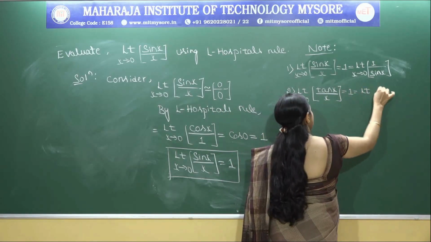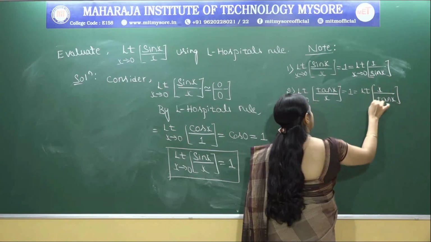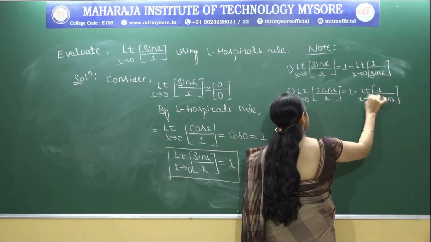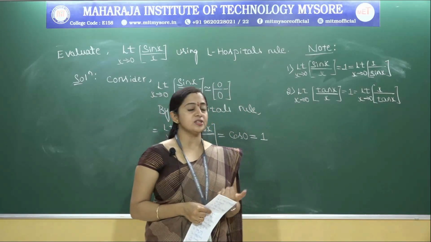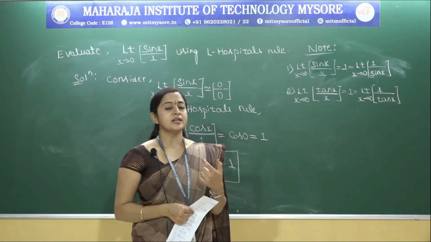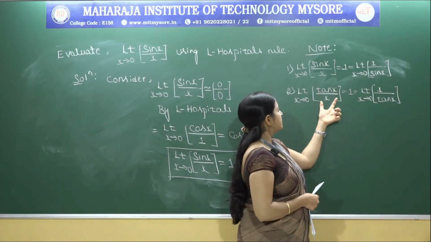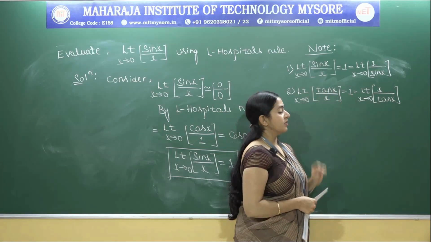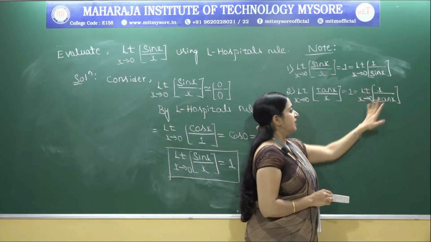This is the limit of x divided by tan x as x tends to 0. Since the differentiation of tan x is secant square x, in the denominator you will get 1. Secant square 0 is 1. So we will get tan x by x as x tends to 0 is also equal to 1. So this is same as x divided by tan x.